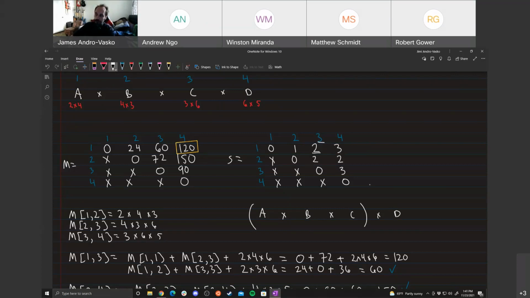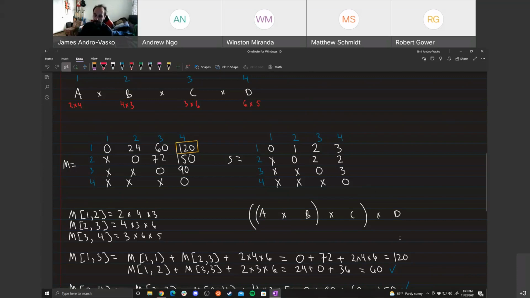So for m1 comma 3, we use 2 as our cutoff point, so we close it right there. And then to get m1 comma 2, we chose 1, but really between two matrices, there's no real cutoff points. So this is going to be our answer, 120, and that's how to get 120. So this is kind of how we do this. This is the outcome right there.